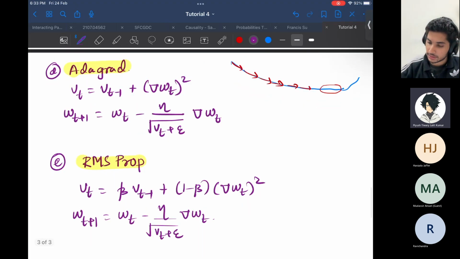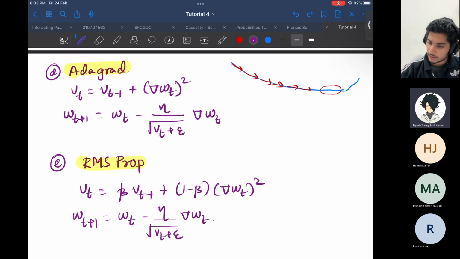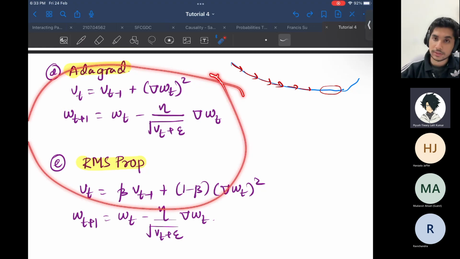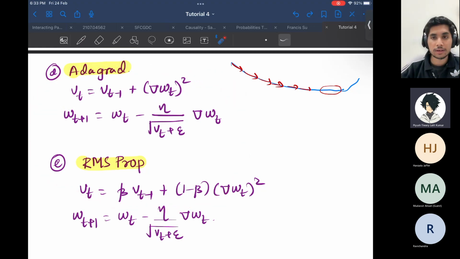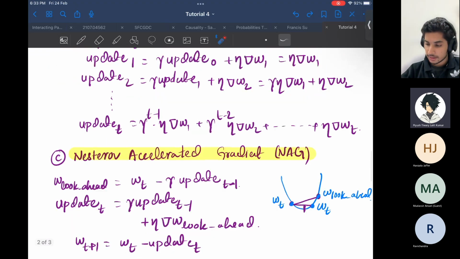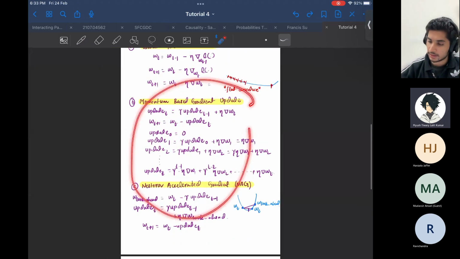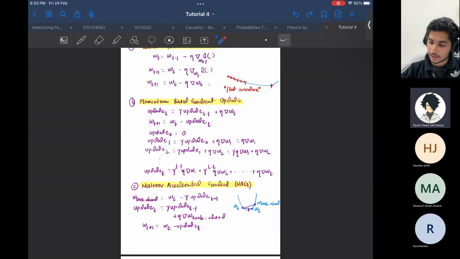After doing all these things, we have two regimes now. One set of algorithms, this one, relies on adaptive learning rate, adaptive step size. Another set of algorithms, this one, relies on adaptive directions, so to say.